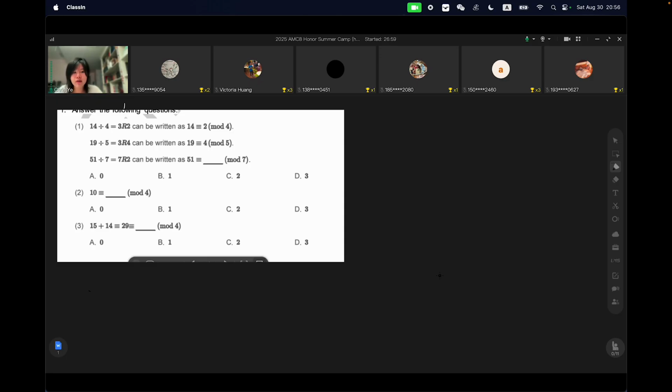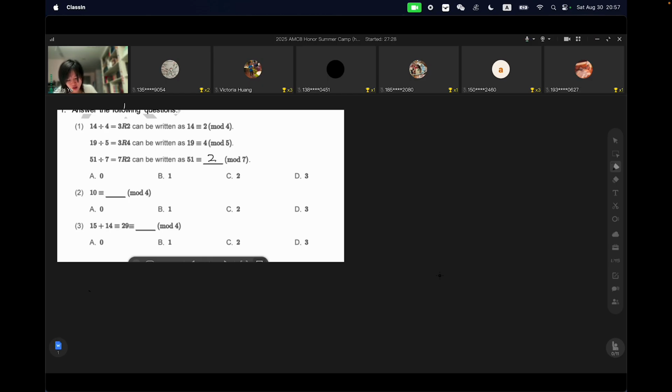So 19 divided by 5 is 3, and it has a remainder of 4, which can be written as 19 is congruent to 4 mod 5, which means that when divided by 5, 19 has a remainder of 4. So therefore, if 51 divided by 7 is 7 with a remainder of 2, then we would have 51 is congruent to 2 mod 7.